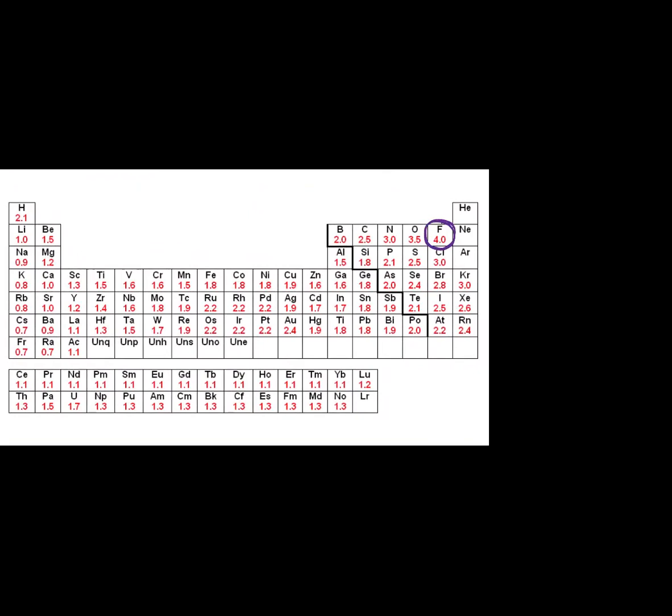If we pay attention to the numbers as we move from left to right in the periodic table, we see that the values in electronegativity increase. So the trend when we move from left to right in the periodic table is an increase in electronegativity.